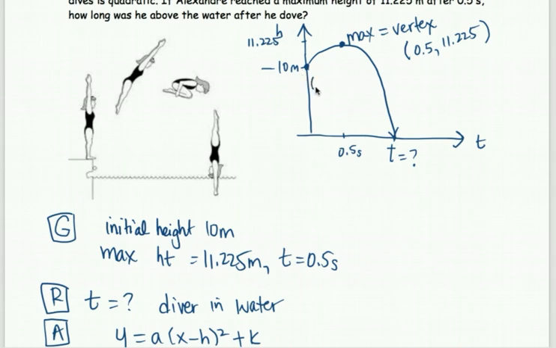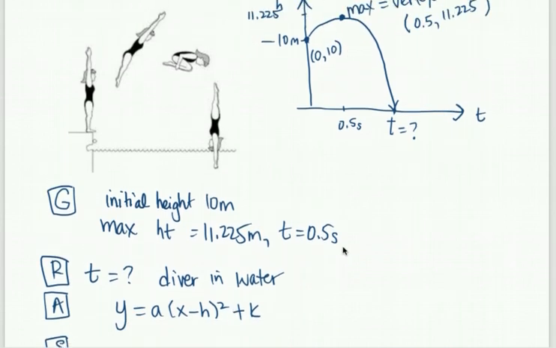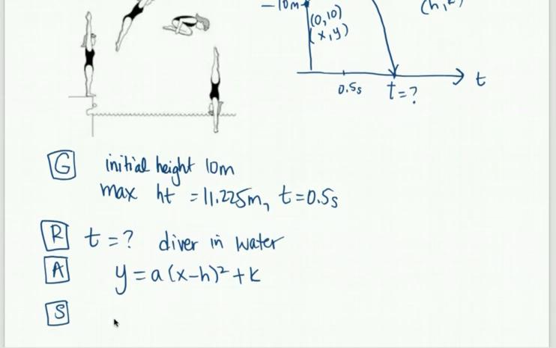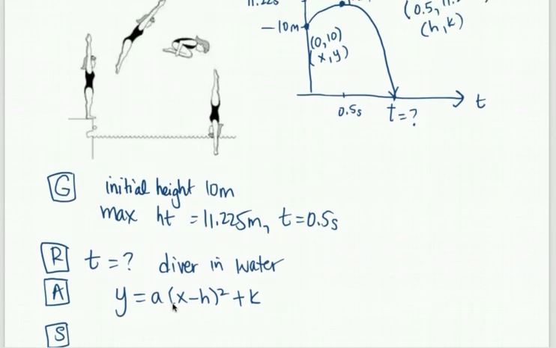So in this case here, it's 0, 10, like that. Okay, so we know our 2 points here. If we're building a vertex form equation, this is the same as being the h, k values of the vertex, and this is the same as being the x, y values here. Okay, so from there we can fill everything in, and then we can solve for A.